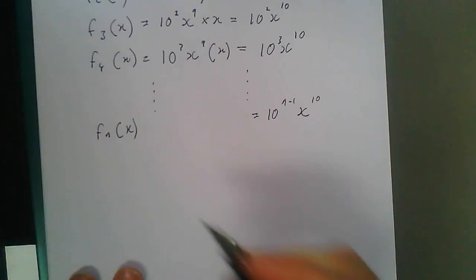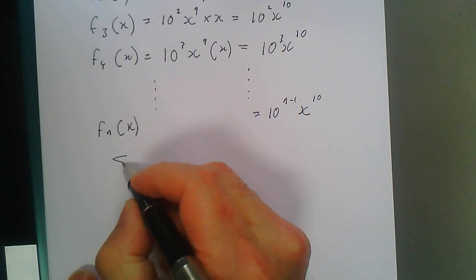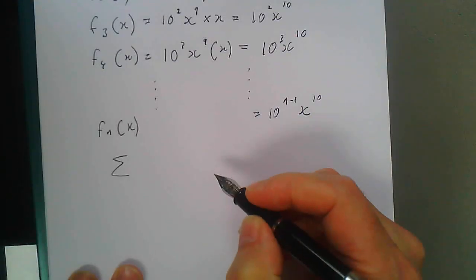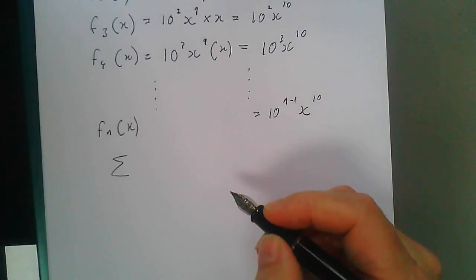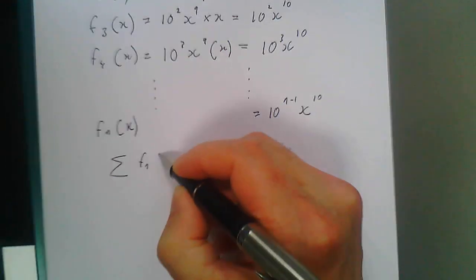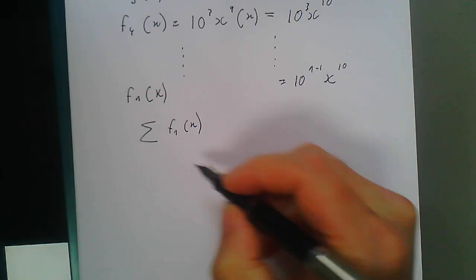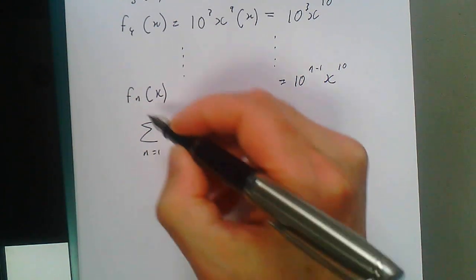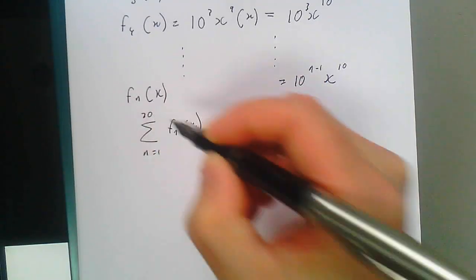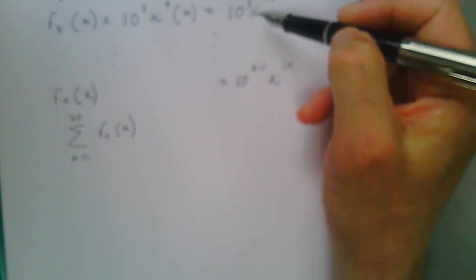So when it talks about adding up the sum of fn of x, going from 1 to 20, each time it's just x to the 10 multiplied by another 10.